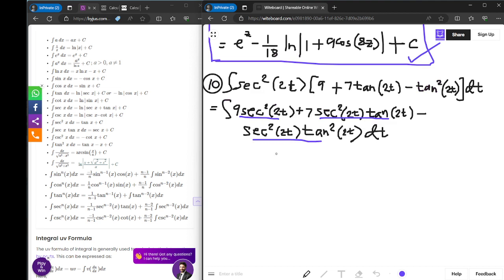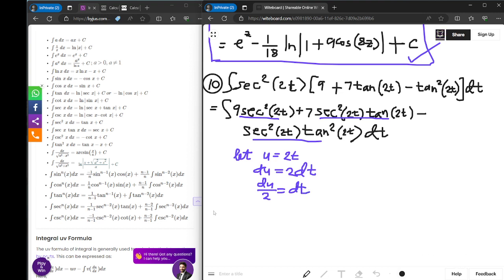But before that, let's change this first to u because it would be easier to integrate if it's only a single variable without any coefficient. So we'll let u be equal to 2t so that the derivative of 2t is 2 dt, or du over 2 is equal to dt.